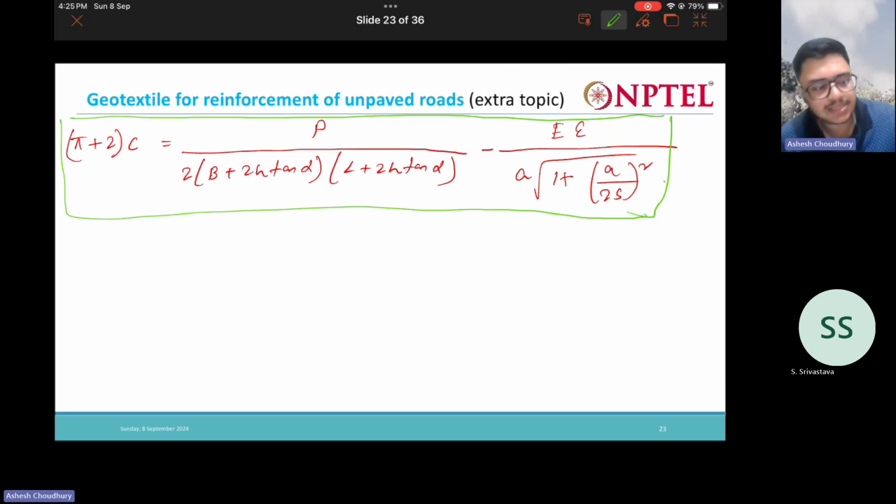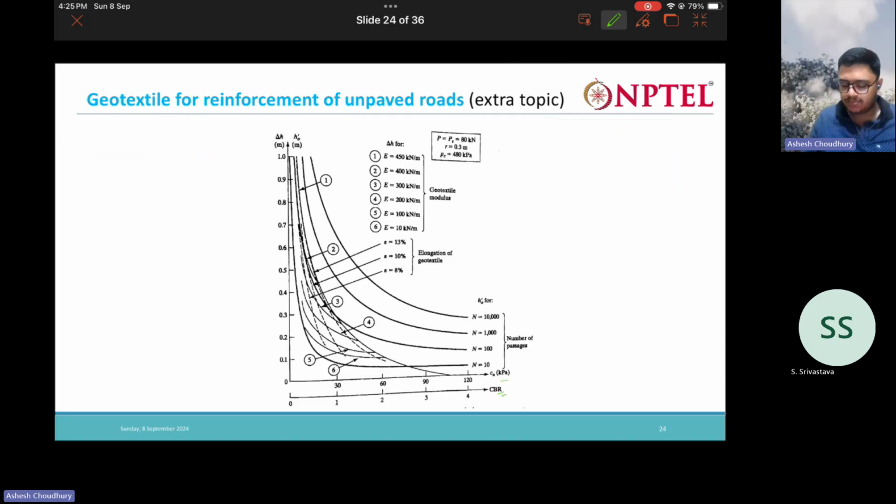Now these equations were also simplified in terms of design charts. Giroud and Noiray actually gave certain design charts like this. You can see here that for a particular wheel load, particular rutting depth, and particular tire inflation pressure, we have this set of curves. From these curves we can directly calculate H naught, which is the initial depth where you do not use any geotextile reinforcement, and we can calculate delta H. Delta H is the reduction in depth.